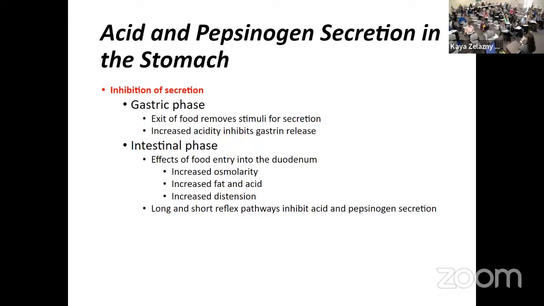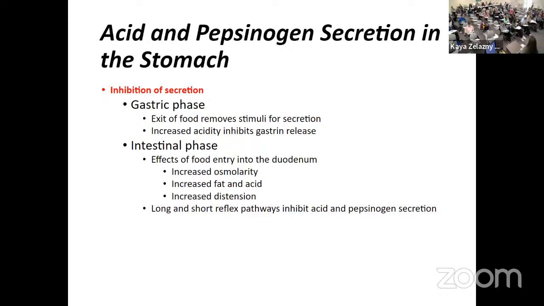So we're noticing that the stomach is emptying because we're not stretched out anymore. It's getting more acidic in the stomach because we're having acid buildup. So that's a signal that maybe we don't need to produce any more acid and pepsinogen.